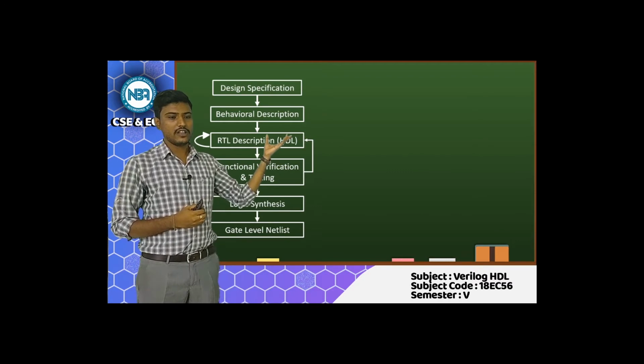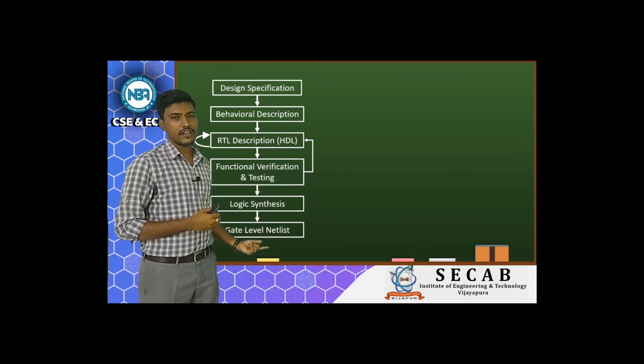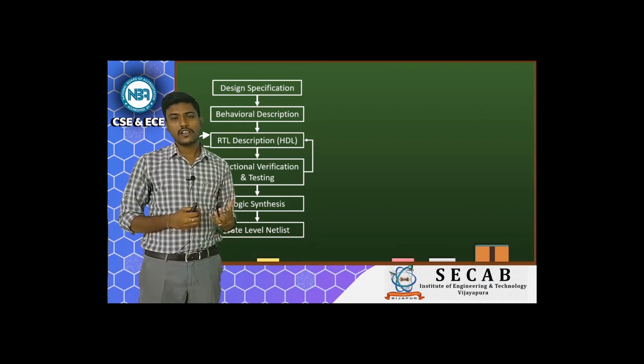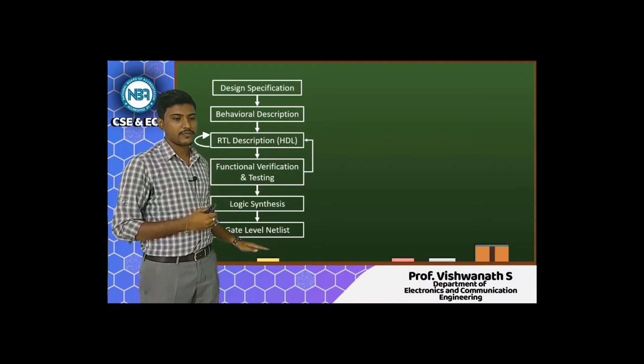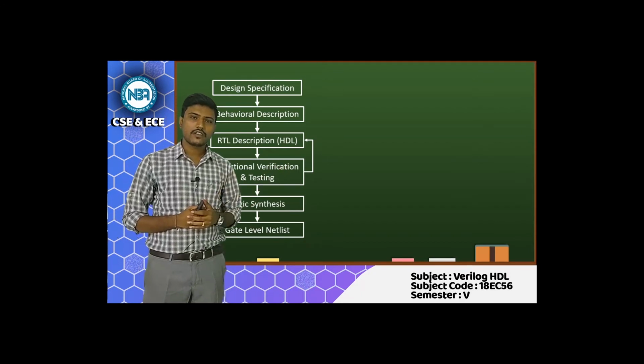Here only the description is made and at the final level we have come up with the circuit. But in a real time scenario, you need a device to be produced based on the circuit developed at gate level netlist. We need to dump it into that particular design.